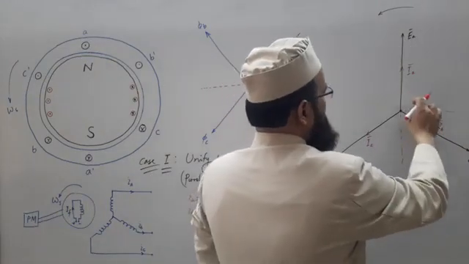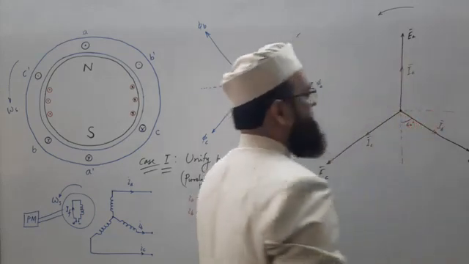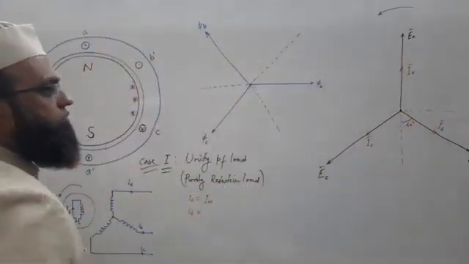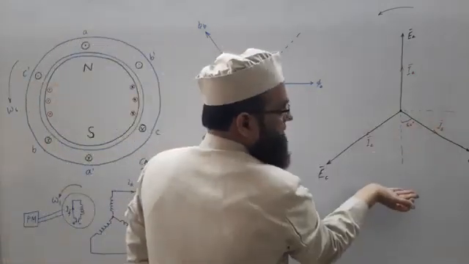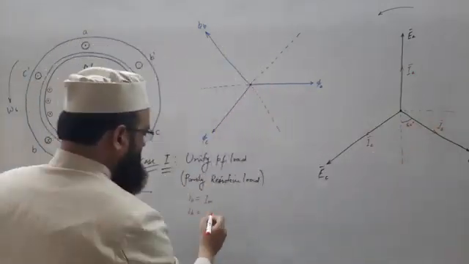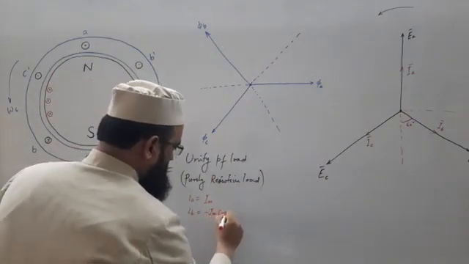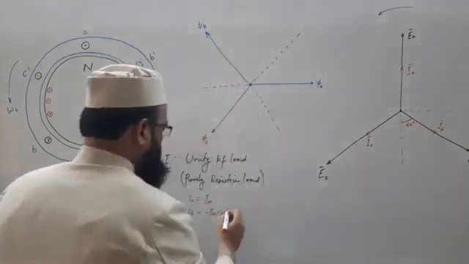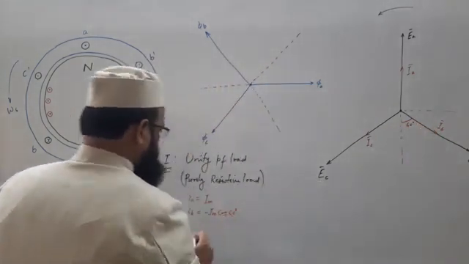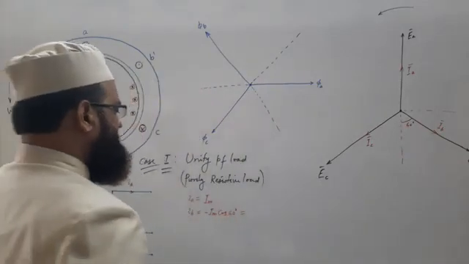This is 90, this is 30, so this will be 60 degrees. The vertical projection of IB will have a negative sign: minus Im cosine of 60 degrees, since we are taking the projection. Cosine 60 means sine 30, half, so minus Im by 2.